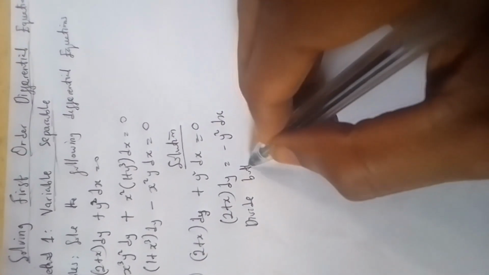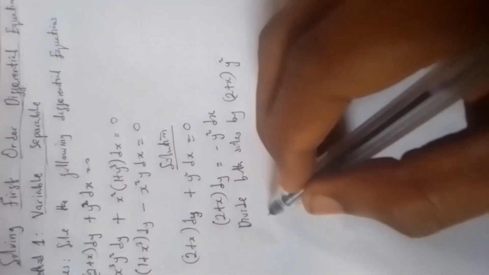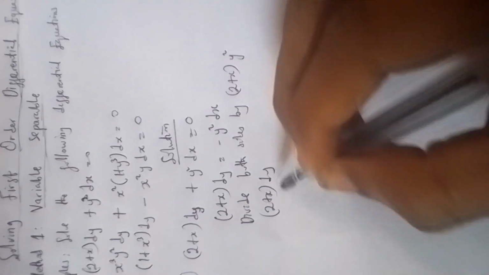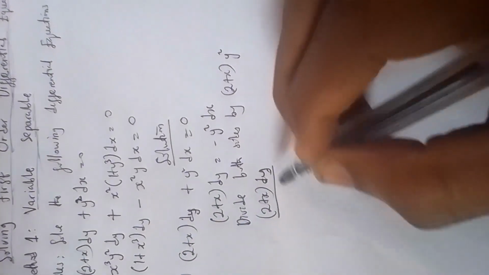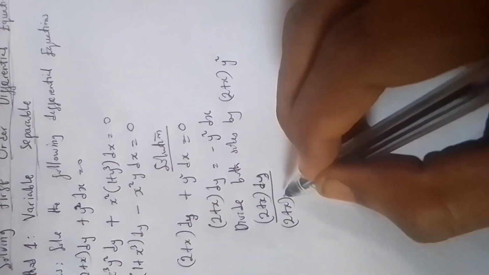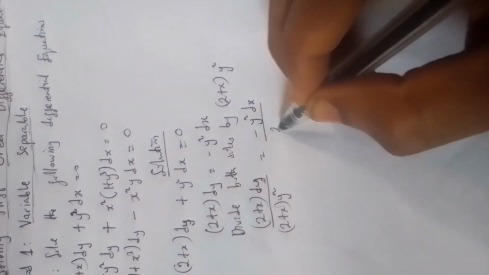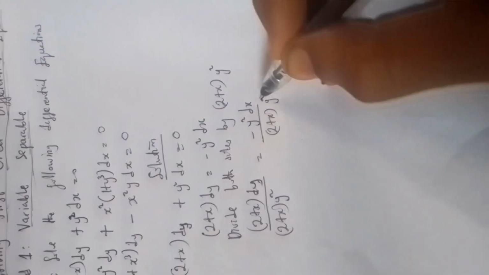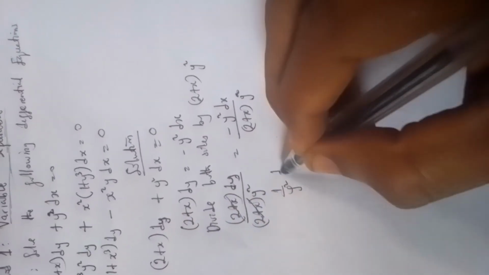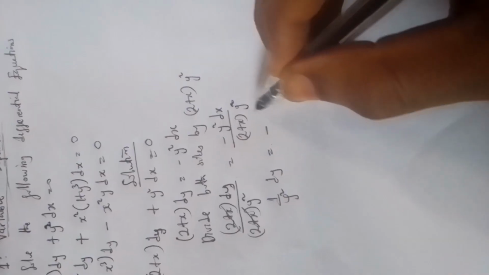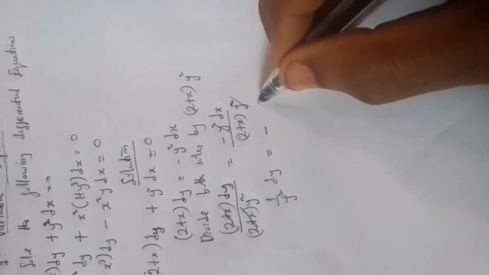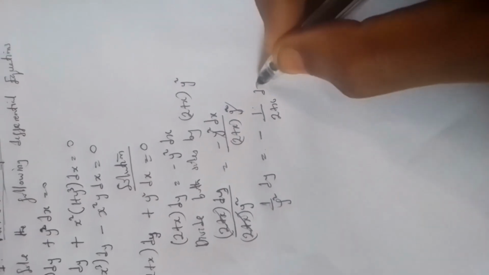I will divide both sides by (2 + x) times y squared. So I have (2 + x) dy over (2 + x) y squared is equal to minus y squared dx over (2 + x) y squared. The 2 + x will cancel 2 + x, so I'm left with 1 over y squared dy is equal to minus, y squared will cancel y squared, so I'm left with 1 all over 2 + x dx.